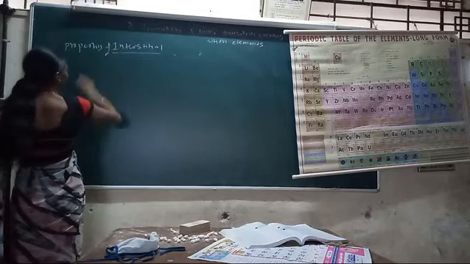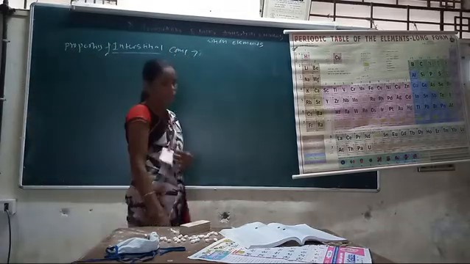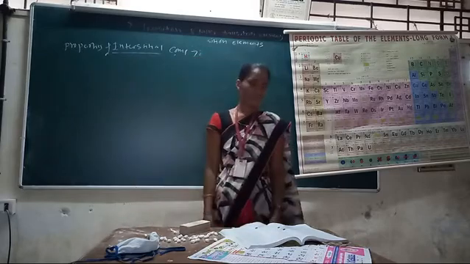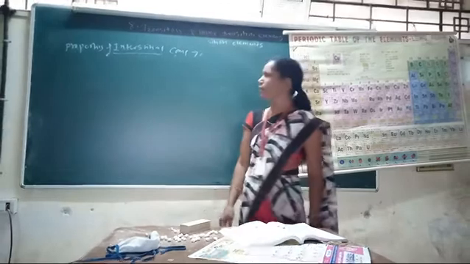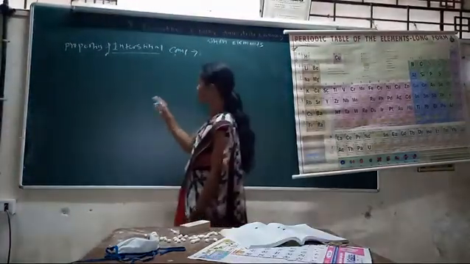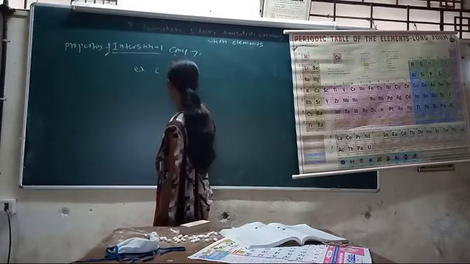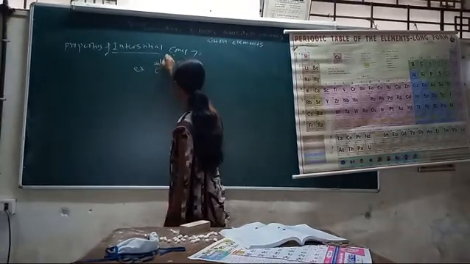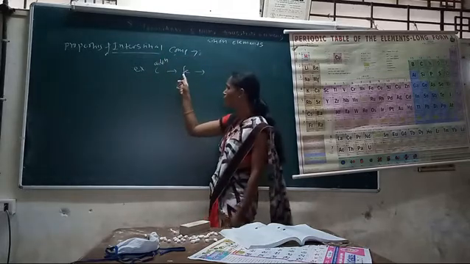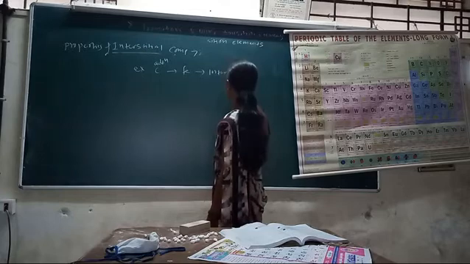Properties of interstitial compounds. The first property is that they are hard and good conductors of heat and electricity, like metal. For example, addition of carbon to Fe forms the interstitial compound.